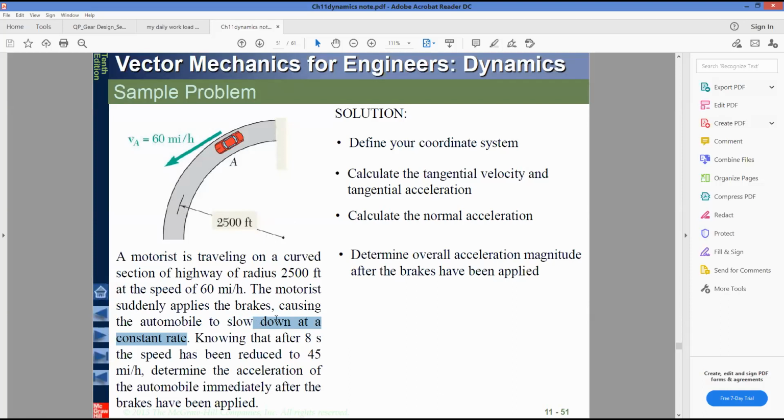Remember, some terminology in a question is very important. So knowing that after 8 seconds the speed has been reduced to 45 mile per hour. See, previously it was 60 mile per hour. After applying the brake, it comes to 45 mile per hour within 8 seconds. So determine the acceleration of the automobile, or better we can say deceleration, because it reduces its velocity after the brake is applied. So that is the question.